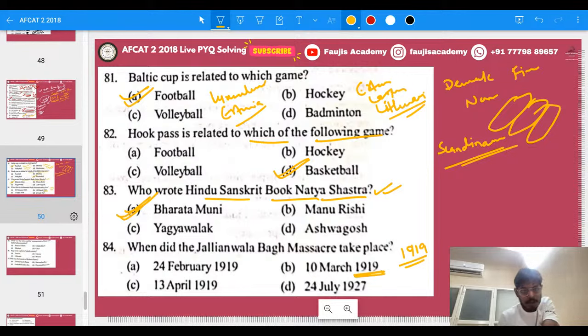I think it was 13th April, the Jallianwala Bagh massacre. 13 is a number which is not regarded as a very good number. It is regarded as an unfortunate number. So on 13th April, this happened.